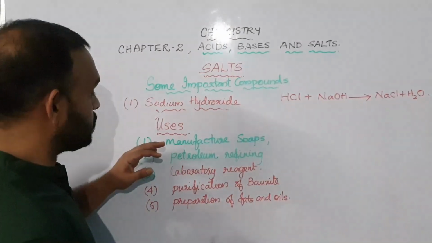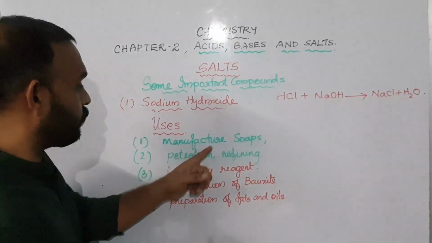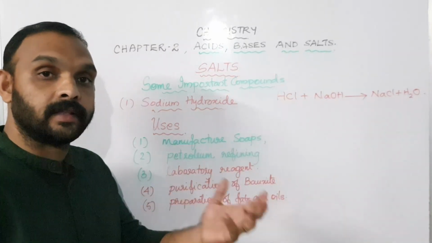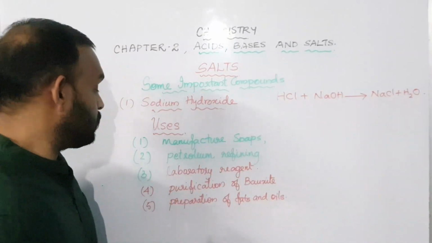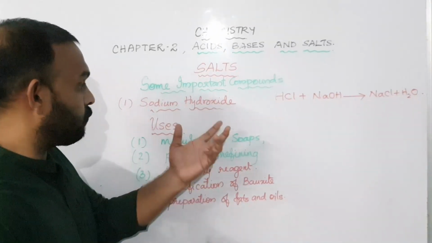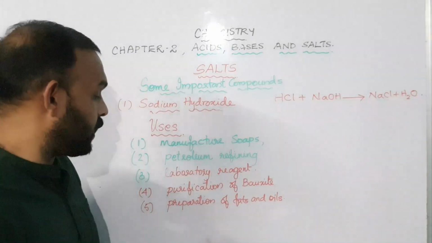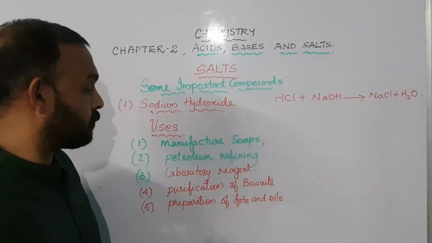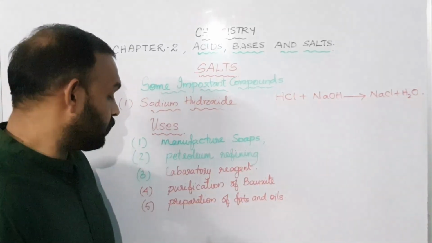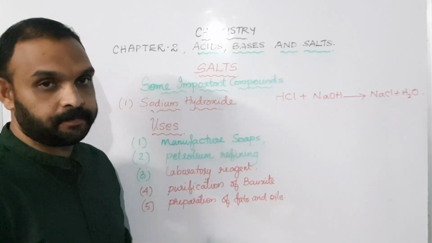So we have learned about some of the important uses of caustic soda: manufacture of soaps, then other than that artificial silk and some other chemical compounds. Then petroleum refining, for which it is one of the main ingredients, and it is used as a laboratory reagent, and it is used for the purification of bauxite, which is an ore of aluminium, and it is used for the preparation of fats and oils.